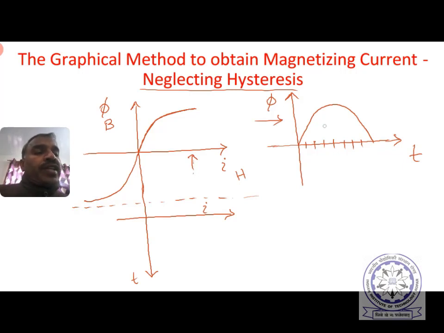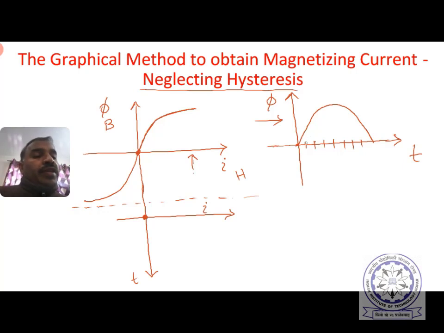Now from phi-t I will obtain the i-t characteristic. What is the way? The way is simple. When flux is 0 at time t equal to 0, this corresponds to 0 flux here. That corresponds to 0 current also. Therefore, my first point is here.